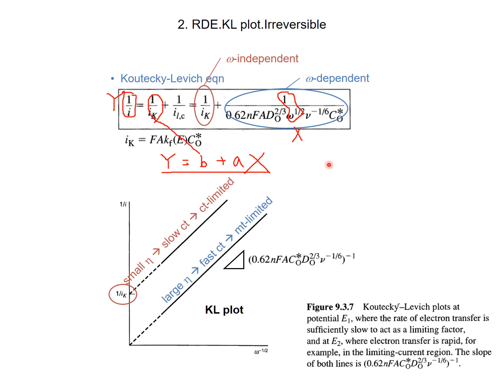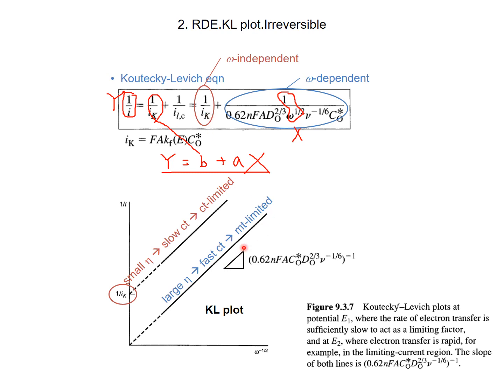Then, in this case, I have two linear lines. The first line was obtained at very large overpotential. Large overpotential indicates very fast charge transfer. It means a mass transfer limited system. So, the Koutecký current is very large because of the fast charge transfer. So, the y-intercept, 1 over ik, goes to 0 because the k value is very large.